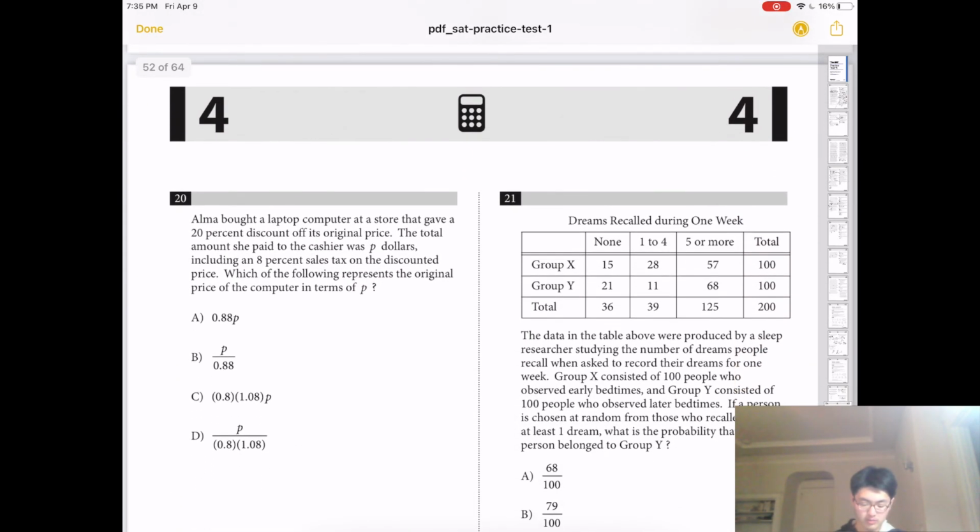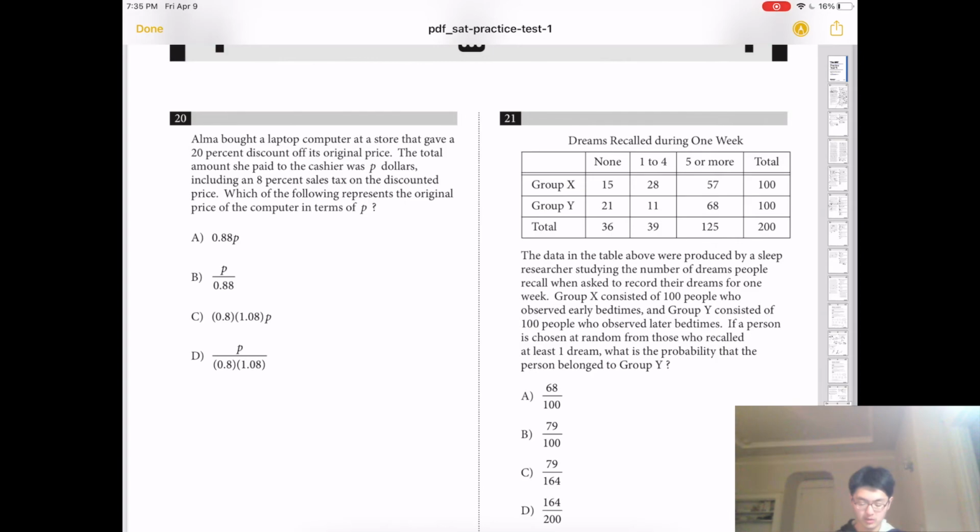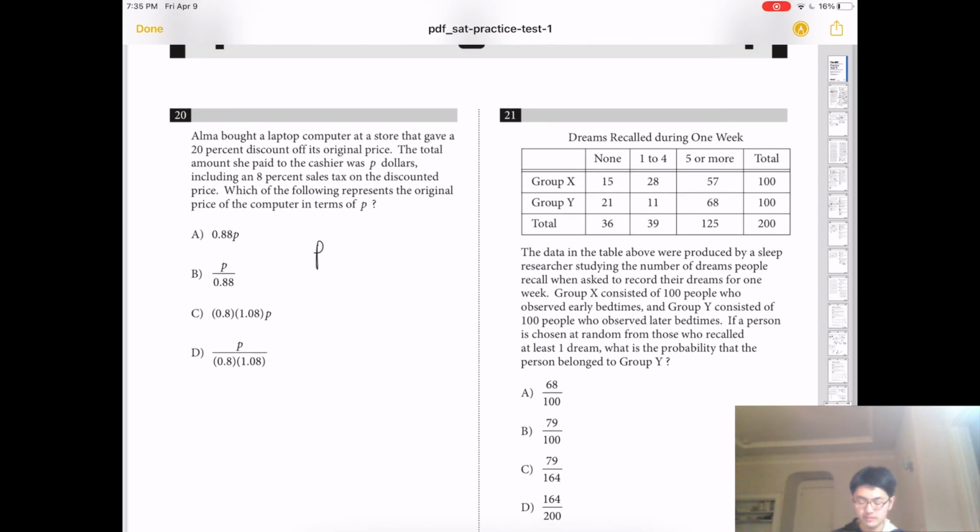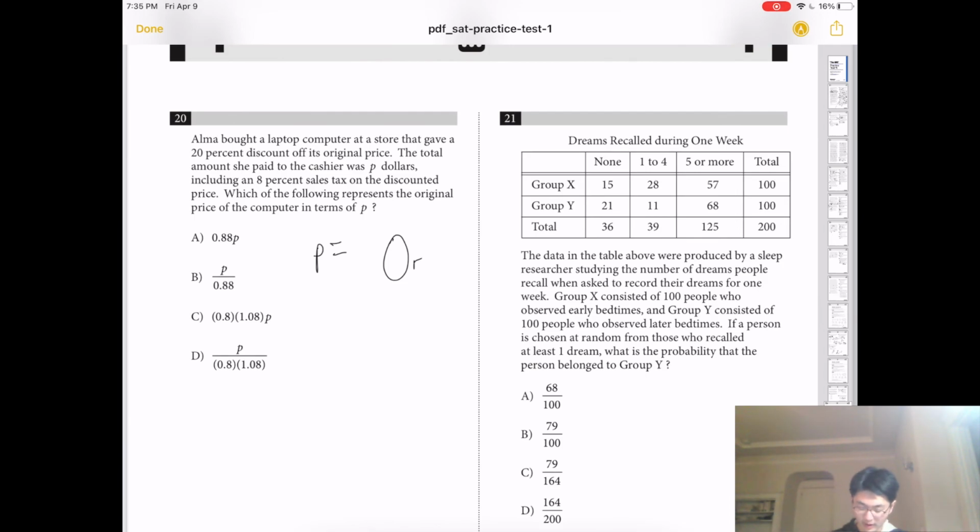Alright, number 20. Alma bought a laptop computer at a store that gave a 20% discount off its original price. The total amount she paid to the cashier was $9, including 8% sales tax on this discounted price. Represent the original price in terms of P. Alright, so you had the original, and you multiply that by 0.8, then you multiply this by what was the tax?